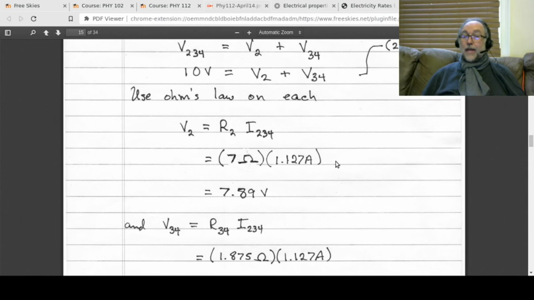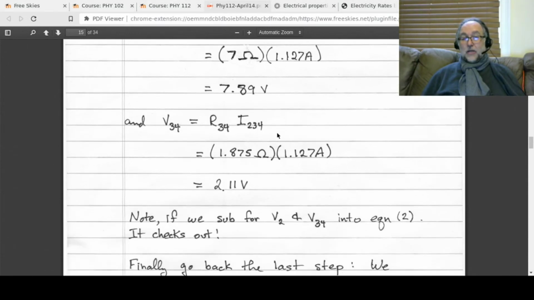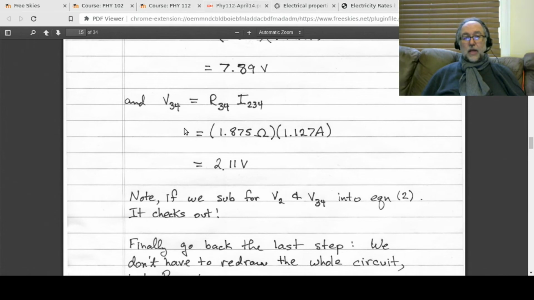All right. And now what do you do? You do the same thing for the other resistor, which is the combined R34 resistor. So you get the voltage drop across R34 is R34 times I234. The current through both of them is the same, so that didn't change, 1.127 amps. But the combined resistance of R34 is 1.875 ohms, giving you 2.11 volts.